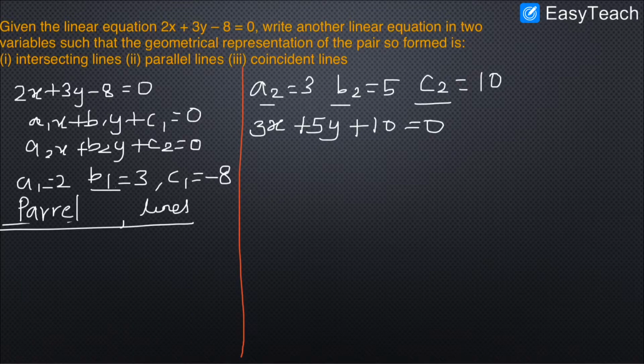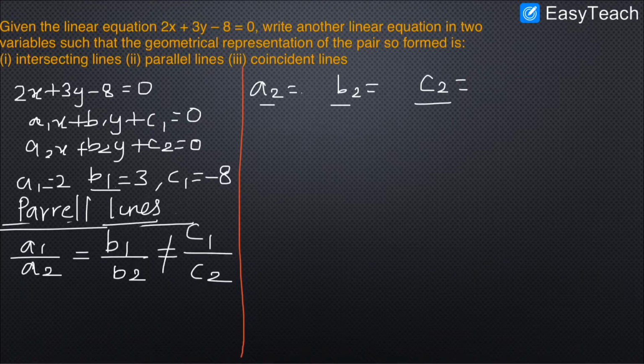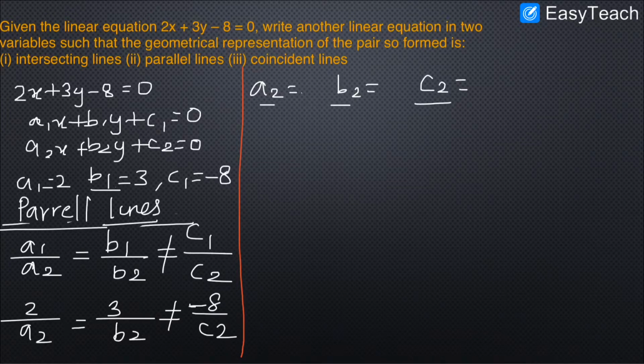For the parallel lines, the scenario is a1 by a2 equals b1 by b2 not equal to c1 by c2. So let me write the a1, b1 and c1 values. 2 by a2 equals 3 by b2 not equal to minus 8 by c2.